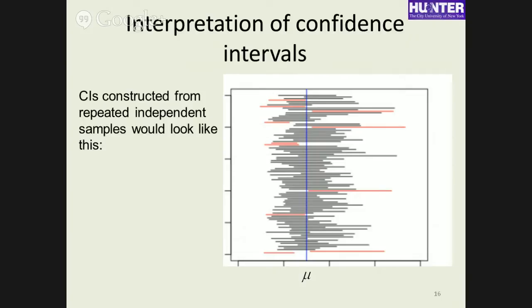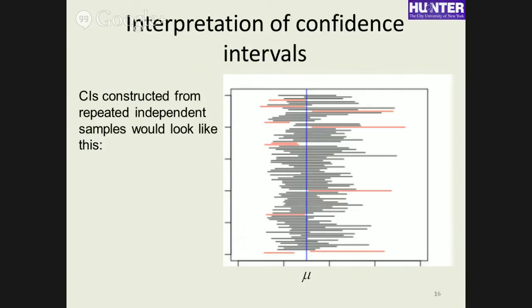Another question? Are you also saying that the probability that your confidence interval is wrong would be 5% as well? The probability that your confidence interval is wrong is 5%. Yeah, that's correct, if it's a 95% confidence interval.